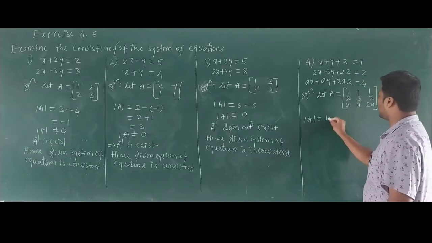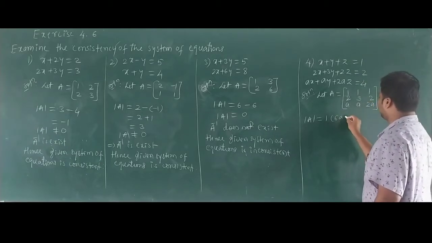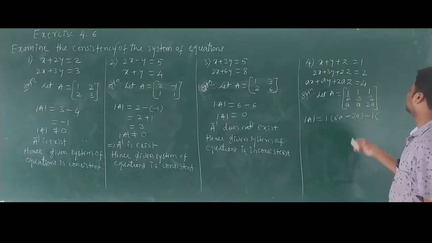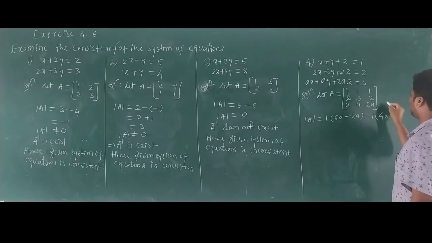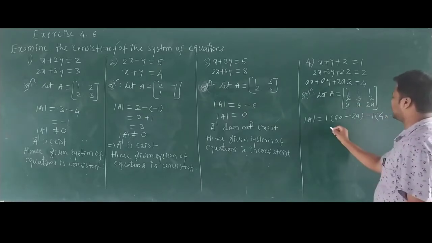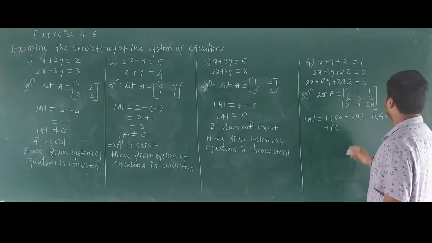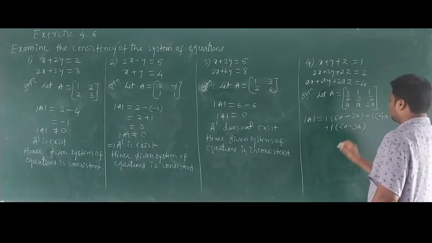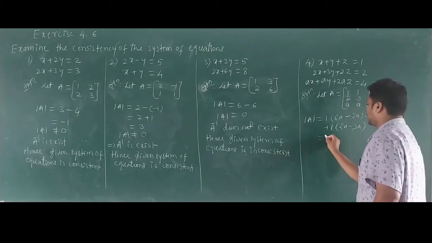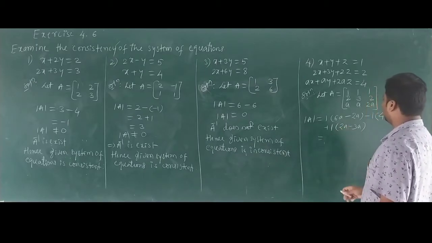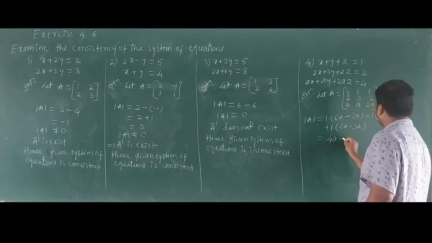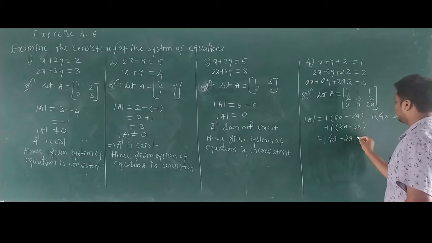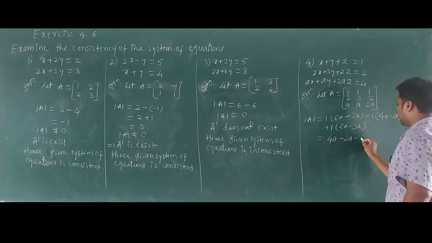Determinant of A: 1 into (6a minus 2a), next minus 1 into (4a minus 2a), plus 1 into (2a minus 3a). This equals 1 into 4a, minus 2a, plus (2a minus 3a), that is minus a.